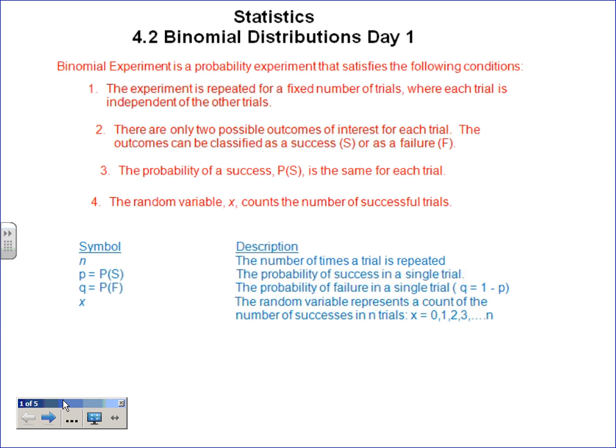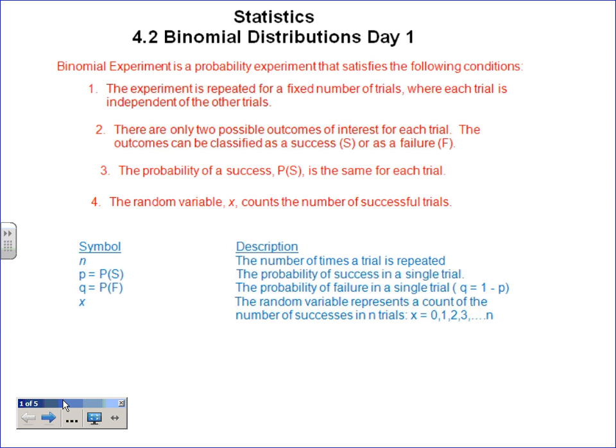2, there are only 2 possible outcomes. Success or failure. Does it say right there that they have to have the same probability? No, just there's a success and a failure. Okay? One could be incredibly possible, and the other one then obviously won't be, because they have to add to 1. Okay? The probability of success, which we'll call P of S, is the same for each trial.